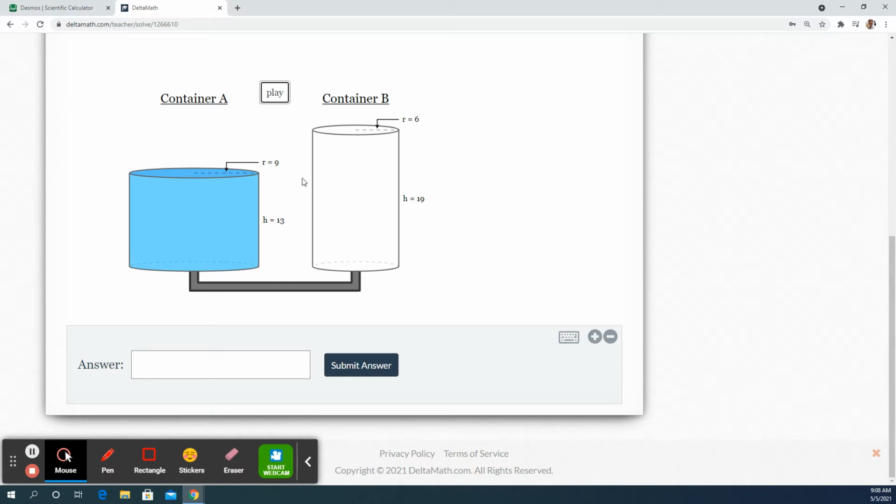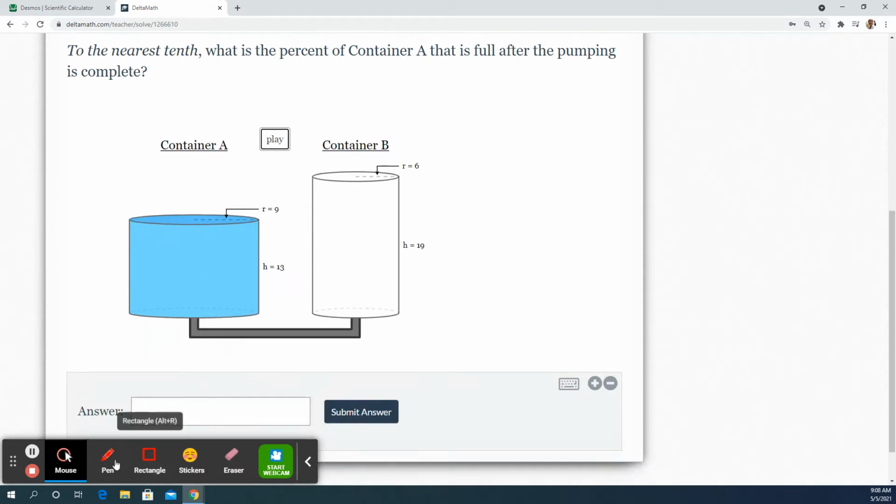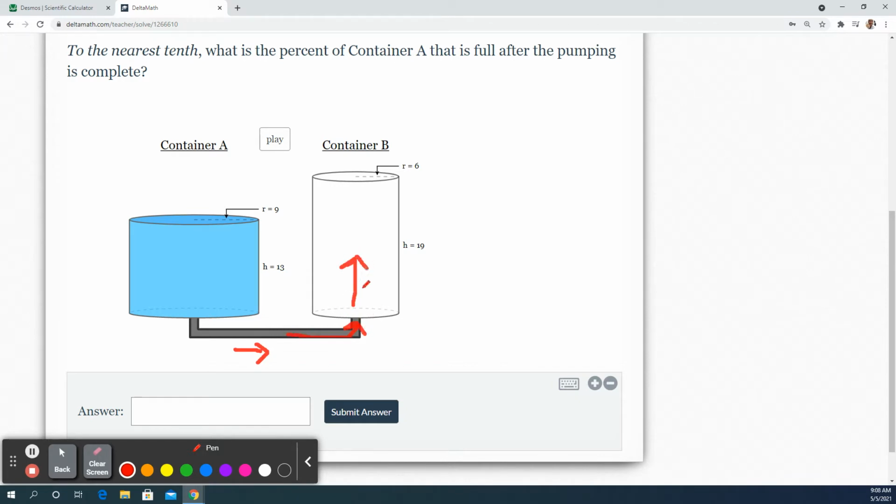It doesn't look like it's playing, but here's our container A. It gets pumped and goes into container B and then fills up container B. And then there's just a little bit left in container A. And then we're asked, what is the percent that is full?